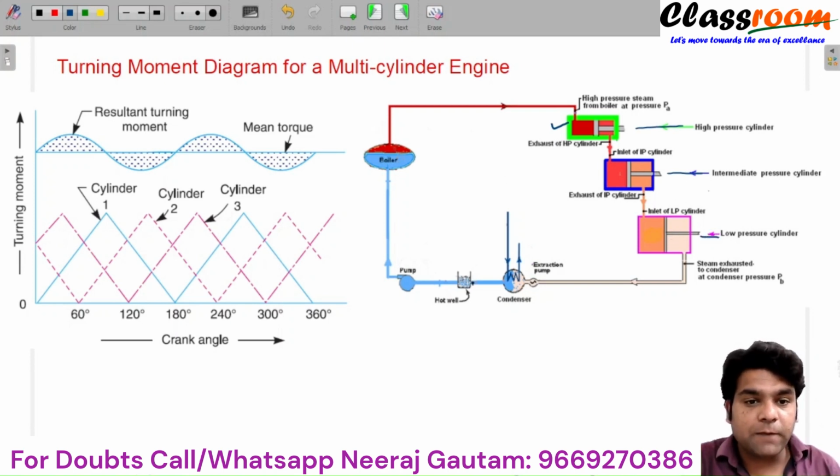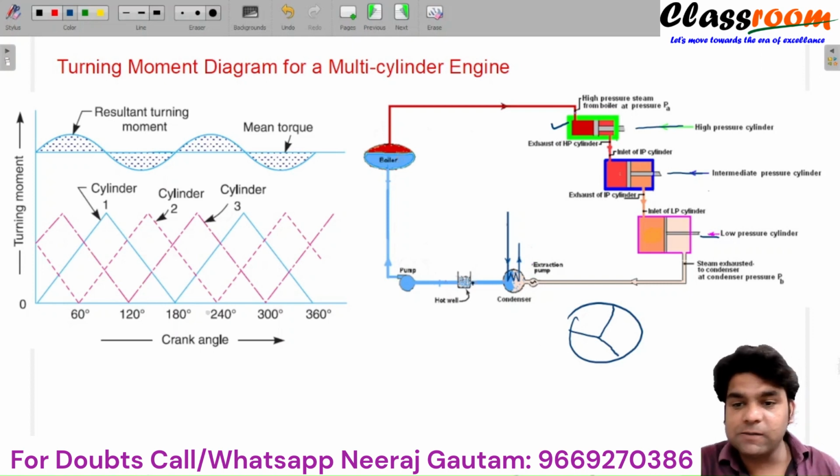The steam comes from the boiler and goes into the high pressure cylinder and expands there. The exhaust of this steam goes into the intermediate pressure cylinder and then to the lower pressure cylinder. The crank angles of these 3 cylinders are set at 120 degrees to make a proper balance.